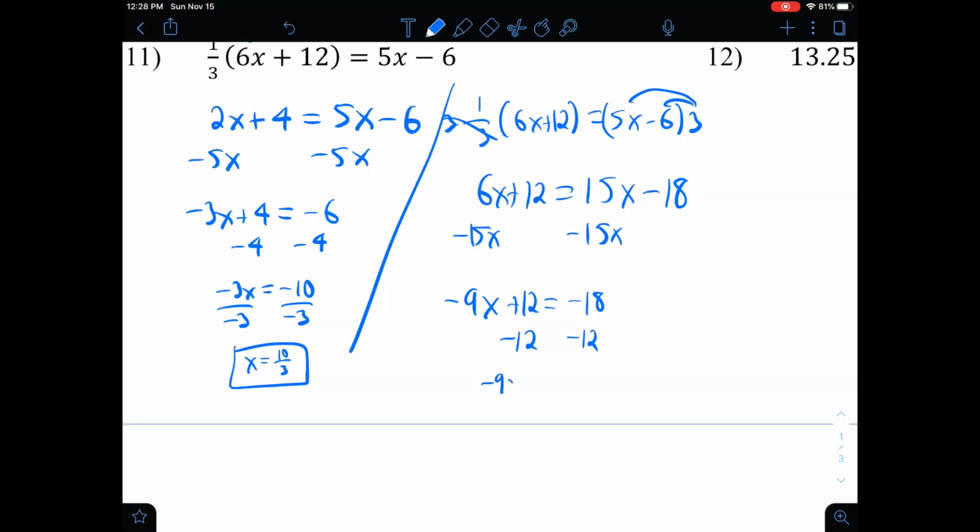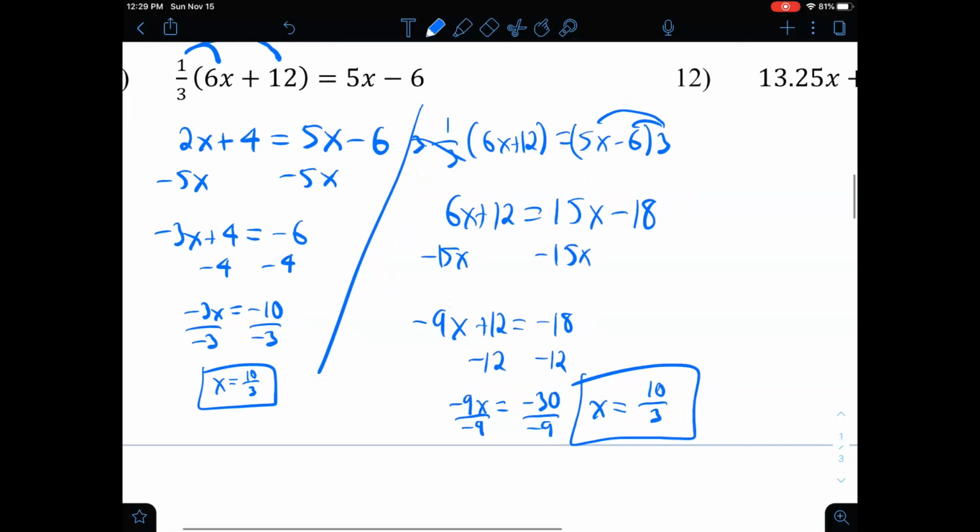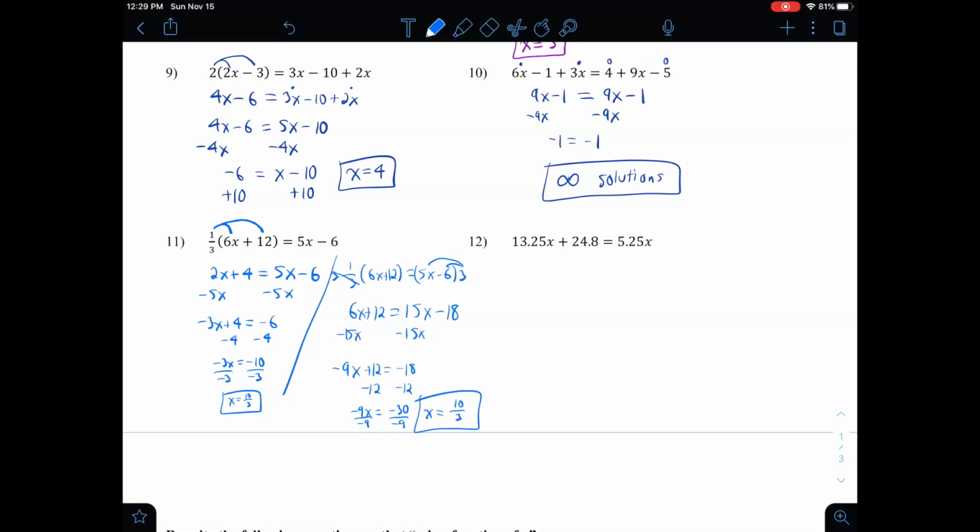Subtract 12, and I get negative 9x equals negative 30. Divide by negative 9. X is still going to be equal to 10/3. When you simplify, 3 goes into both 30 and 9, which reduces to 10/3. So either way is totally legit. I would distribute if you can, just to be in tune with what I've been teaching you. But if it's easier to just multiply both sides by 3, do that instead.